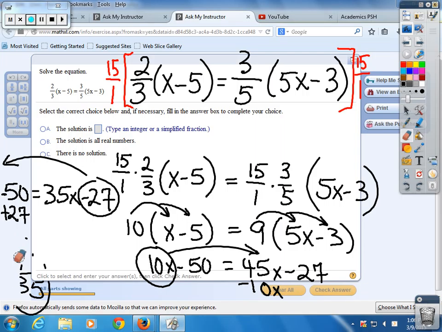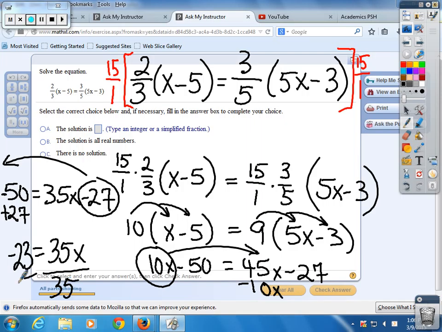Negative 50 changes to positive 50 out of the one. Negative 50 plus 27 is what? Negative 23 is equal to 35x. Divide by 35 and divide by 35.